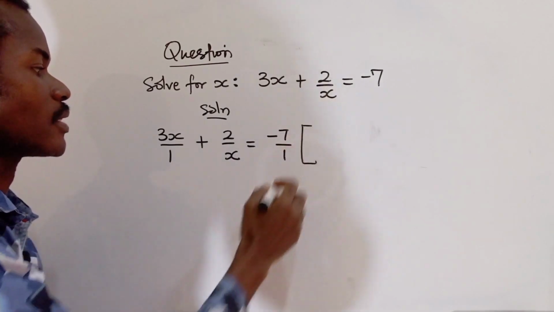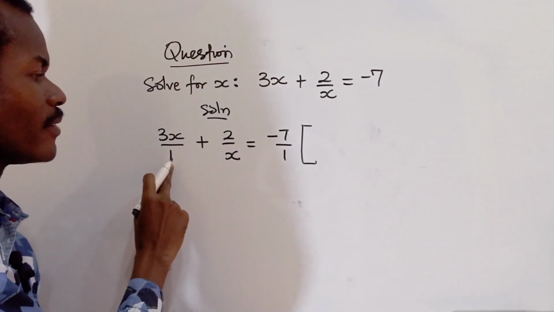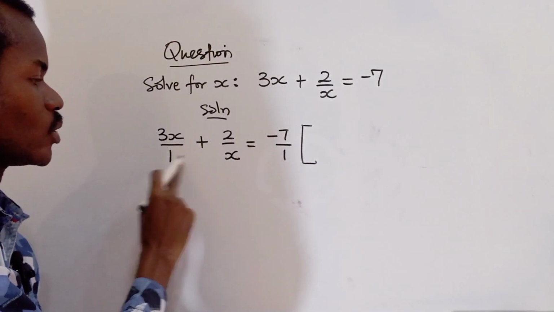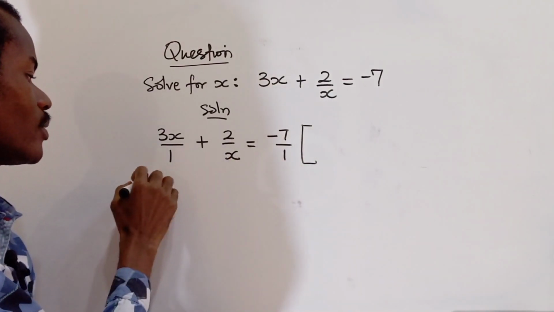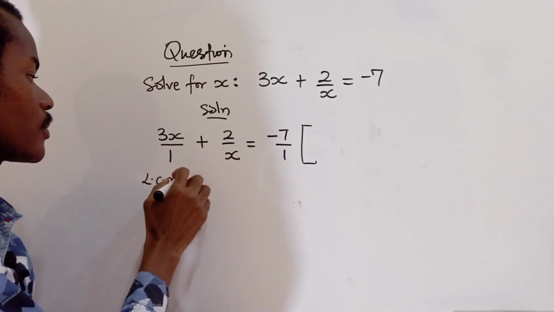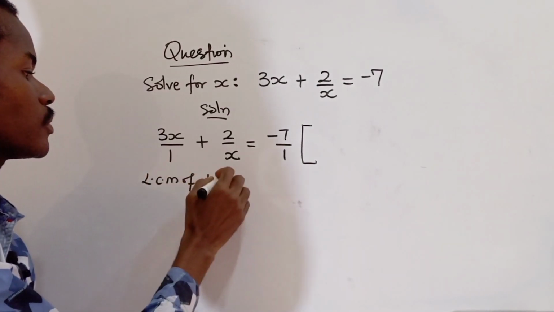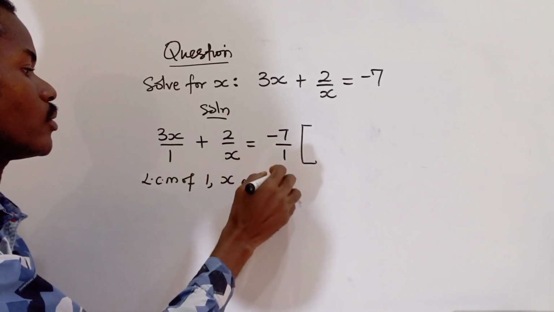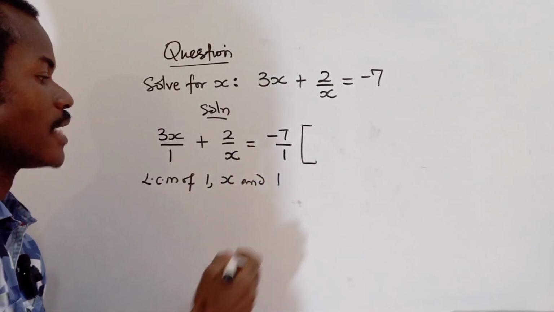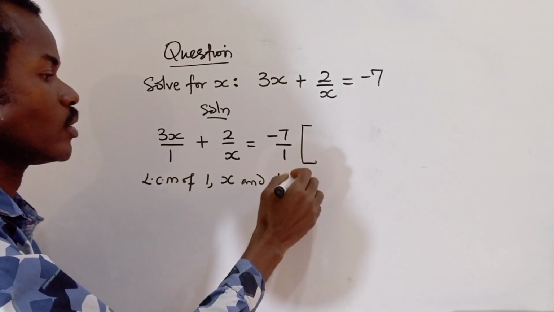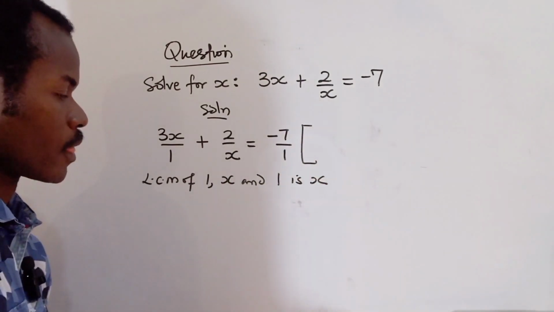So what will be our first step? Now we have three denominators, 1, x and 1. So I want to find the LCM of 1, x and 1. And the LCM of this is x.